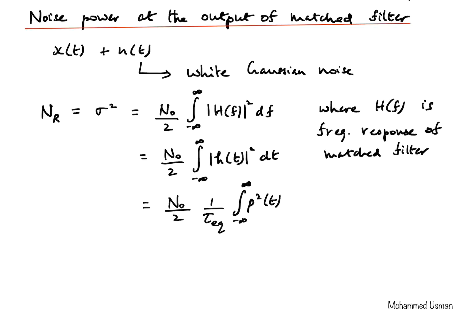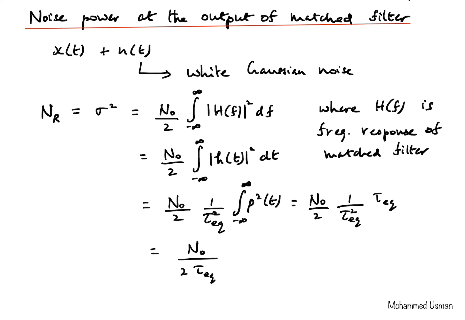So this is equal to N naught by 2, 1 by tau equivalent into tau equivalent. By the way, this is squared: h of t squared gives 1 by tau equivalent square, which I missed out. Make that correction, please. Therefore, the output noise power of the matched filter is N naught by 2 times tau equivalent.